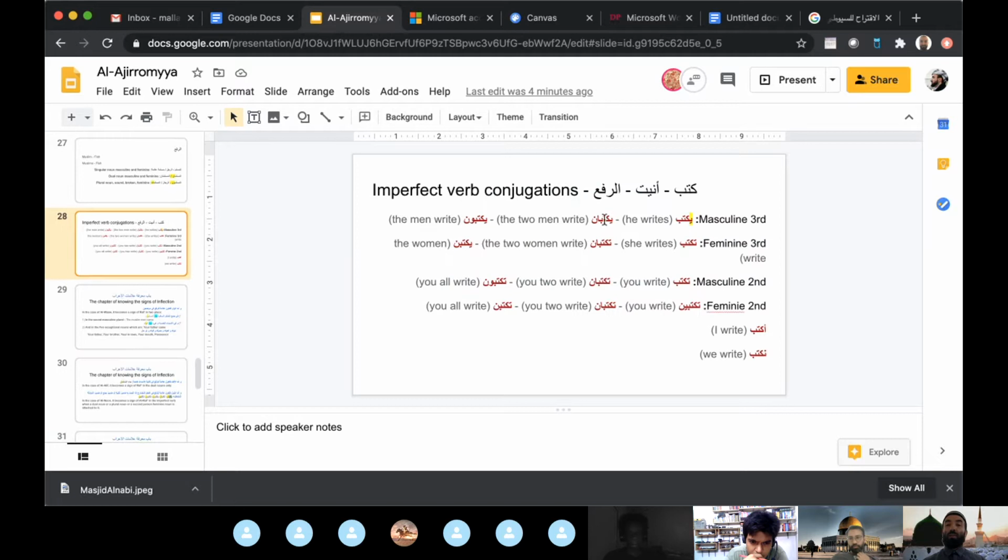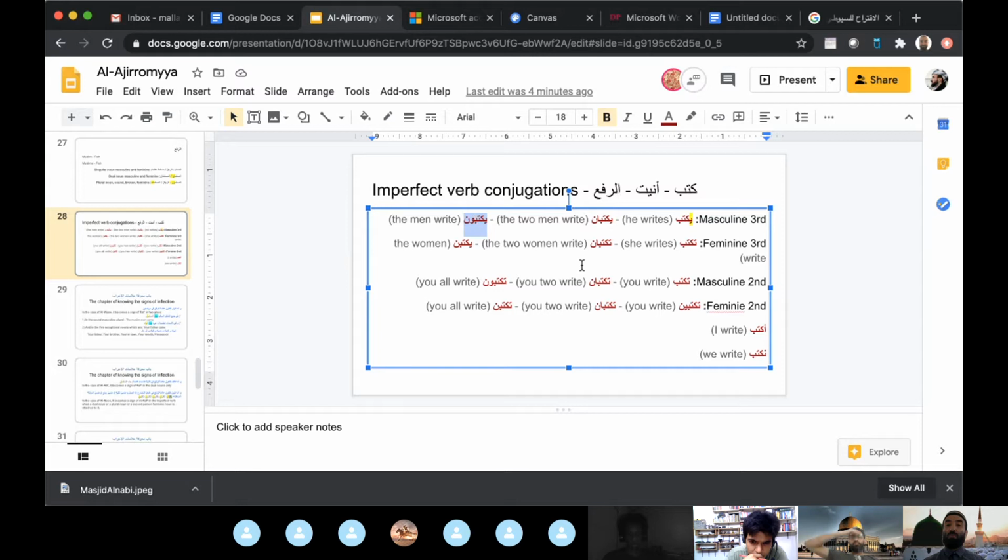The masculine third person for 2 people, the masculine third person for 3 or more people, the feminine third person for 2 people, and the feminine third person for a group of people, the masculine second person for 2 people, and the masculine second person for a group of people, and the feminine second person for one female, and the feminine second person for 2 women. Yeah, so these are the 5 verbs.